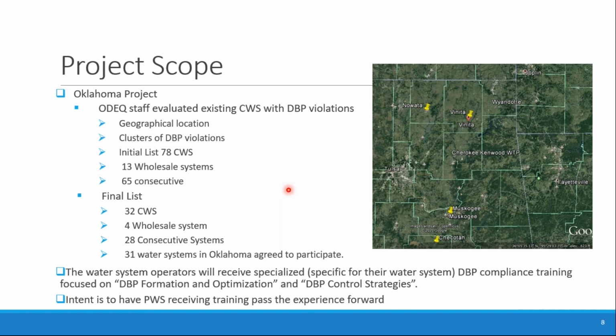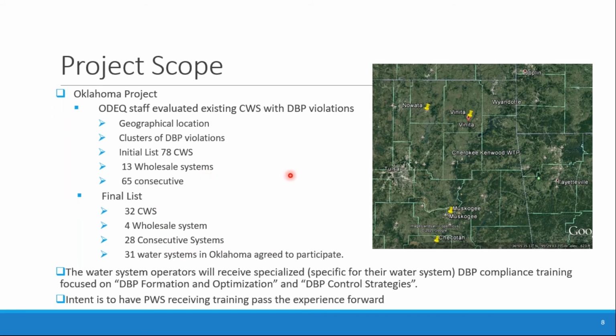After many discussions between the partners, ODQ, EPA Region 6, EPA Technical Support Center, and our contractor process applications, that list was narrowed down to 32 water systems, 4 of those which are wholesale water systems, and the others are 28 consecutive systems.